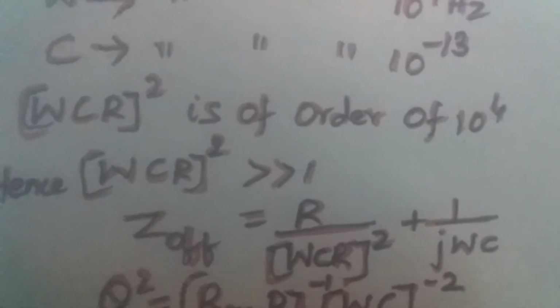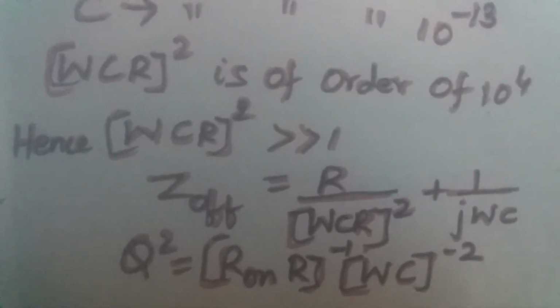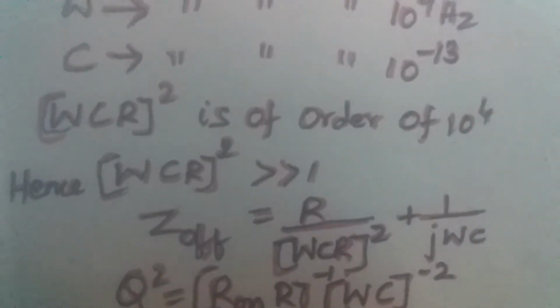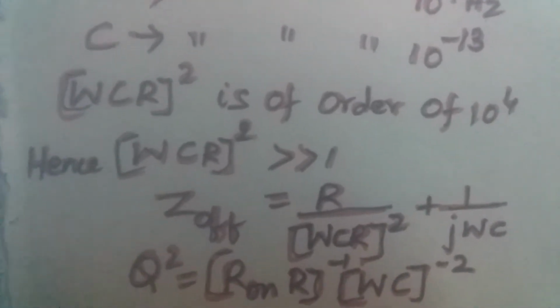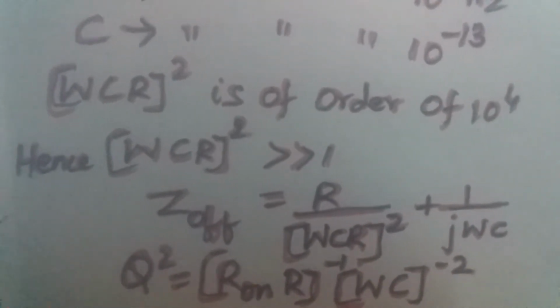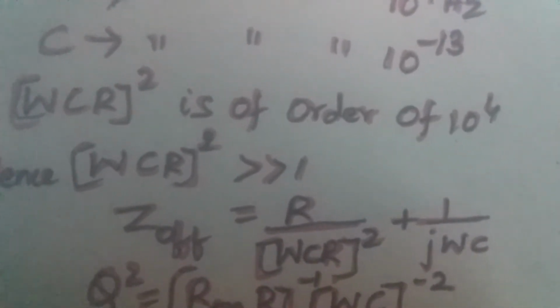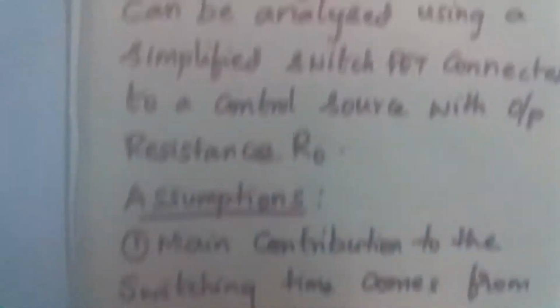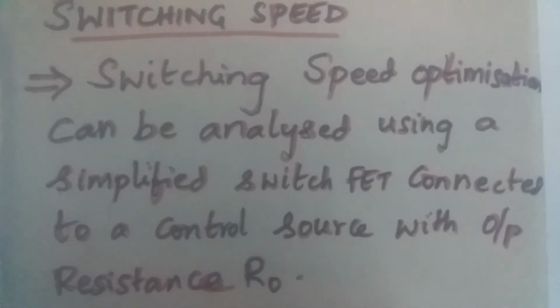So we see that even if the gate width is increased, Q square increases with frequency. Okay. So what is very important is you should choose a gate width such that you get a reasonable insertion loss and isolation. Now let's understand one more important design consideration, that is the switching speed.